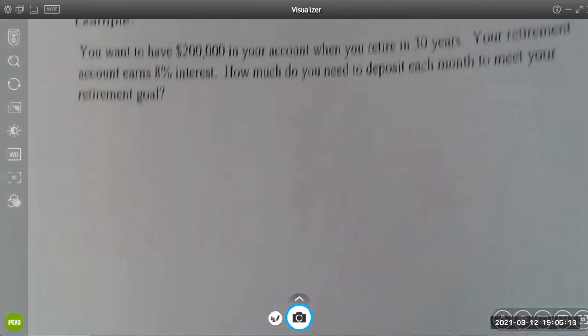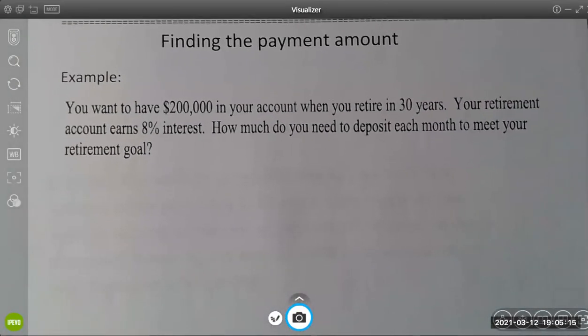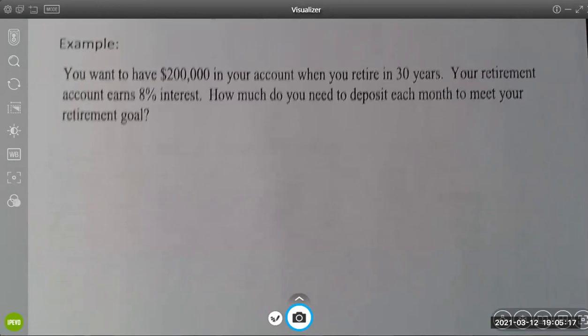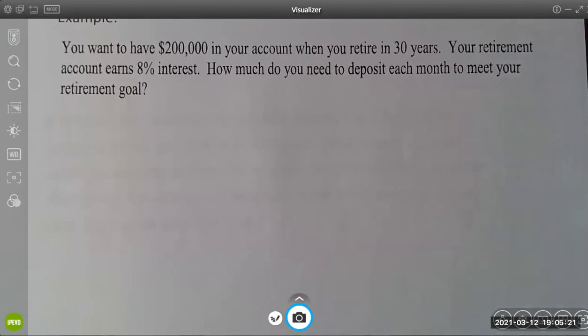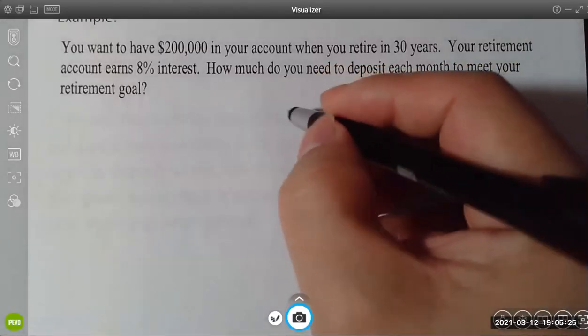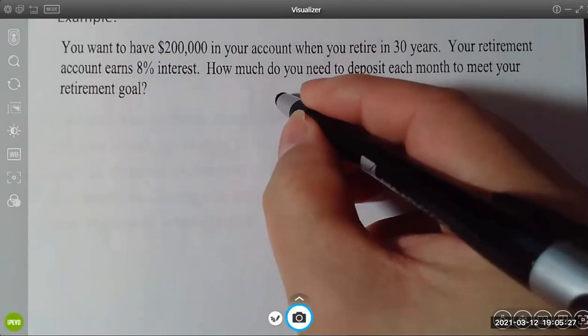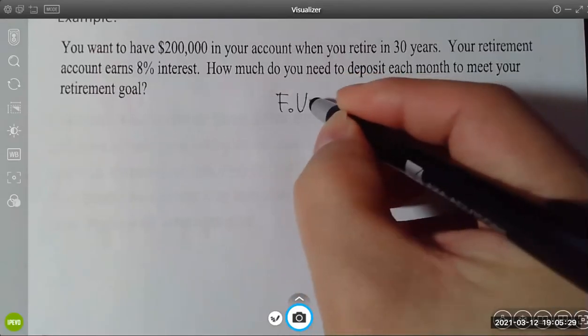Okay, next one, finding the payment amount. Now let me rewrite that formula so that we can explain the new scenario. Say this is the future value of annuity formula.